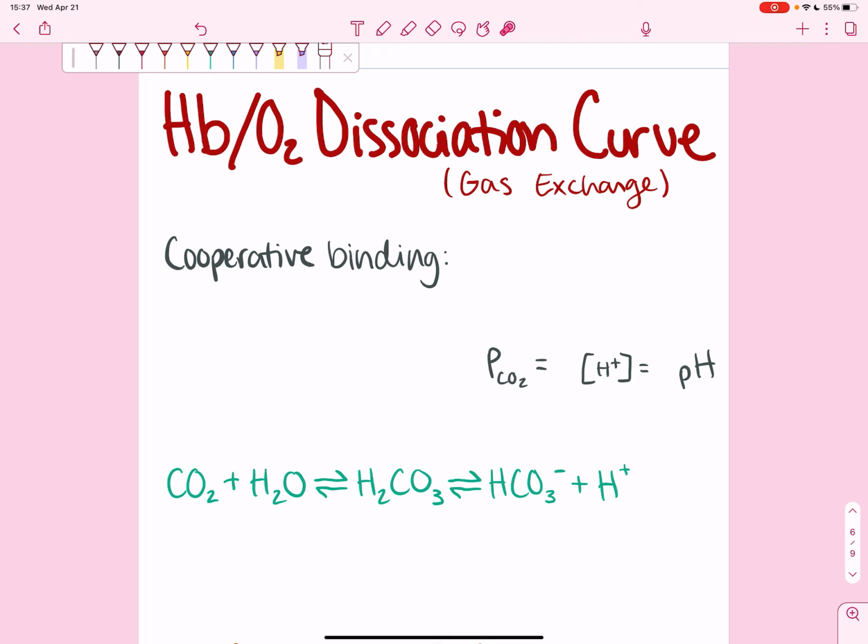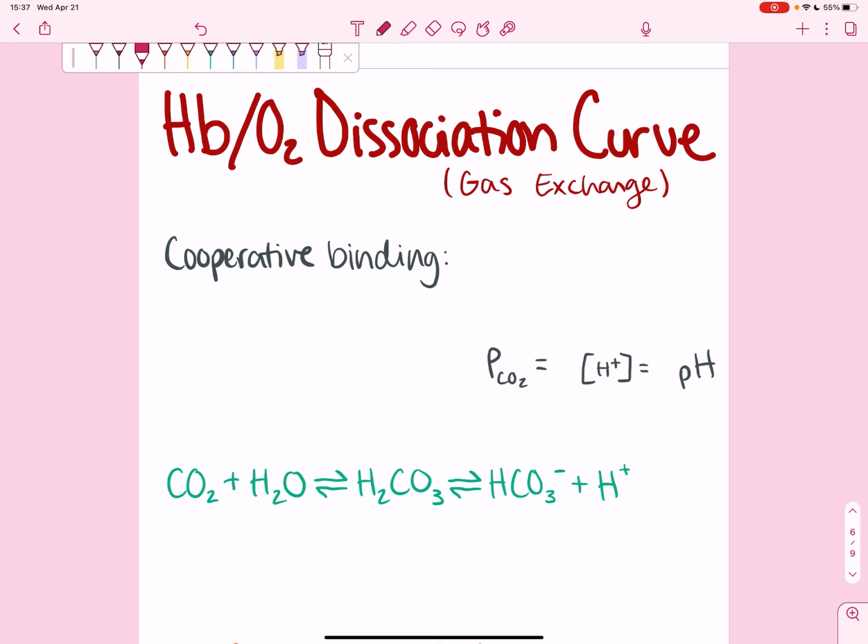So we'll just go through a few things here. We'll start with cooperative binding. What is cooperative binding? Hemoglobin exhibits cooperative binding, which means that each successive oxygen bound to a hemoglobin increases the affinity of other hemoglobin subunits to bind oxygen, if that makes sense.